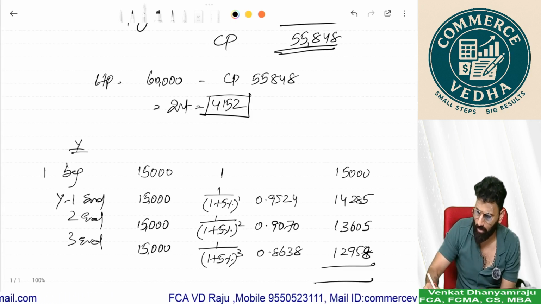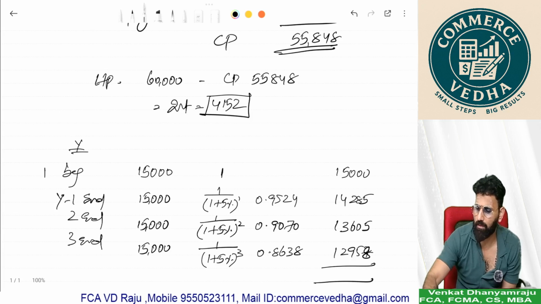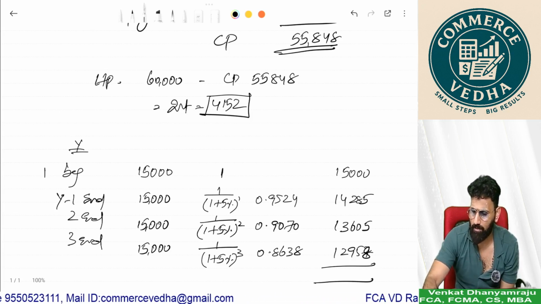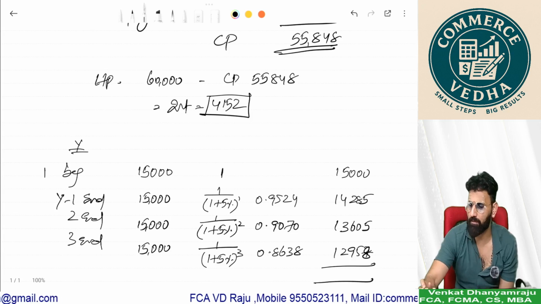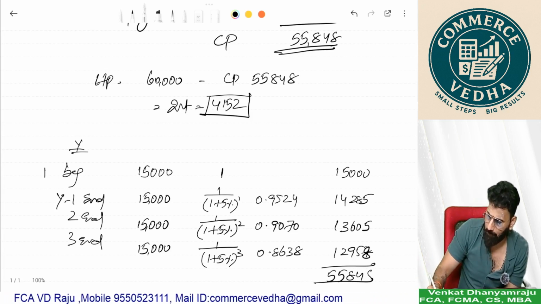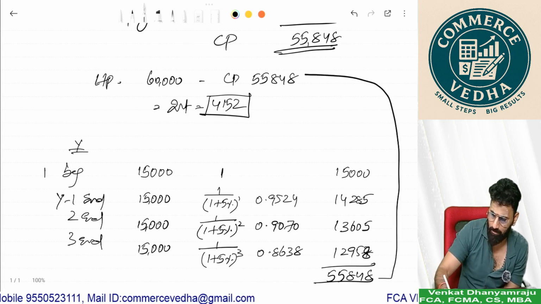So the total is 15,000 plus 14,285 plus 13,605 plus 12,958, which is 55,848, which is your cash price.